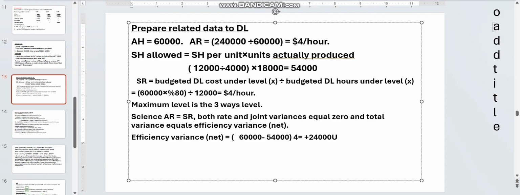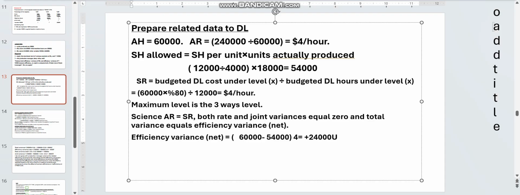That equals actual hours 60,000 less standard hours allowed 54,000 times standard rate, that's 4, equals positive 24,000 unfavorable.